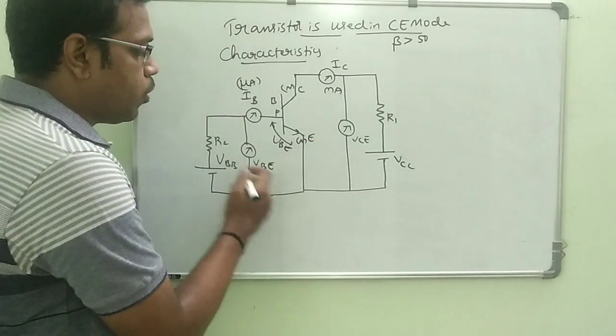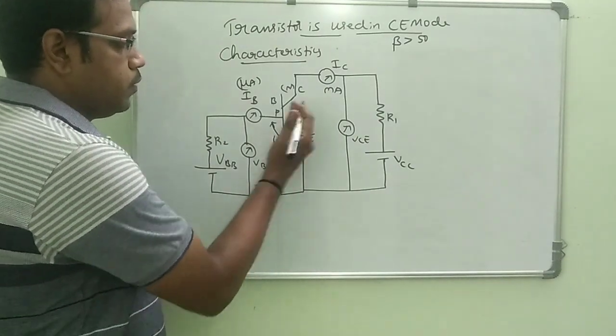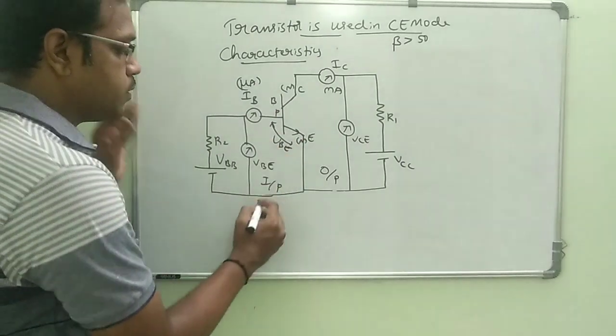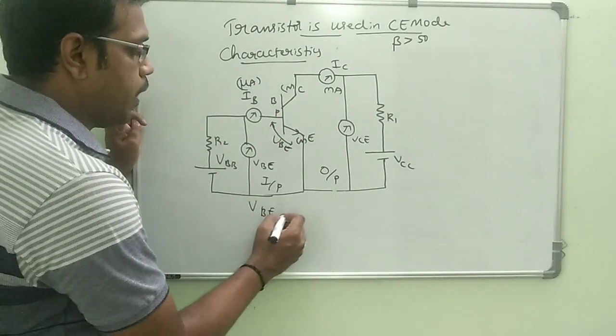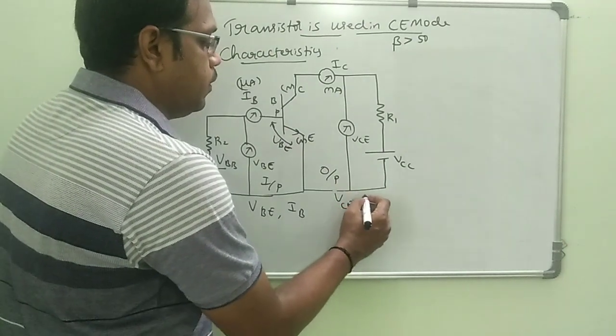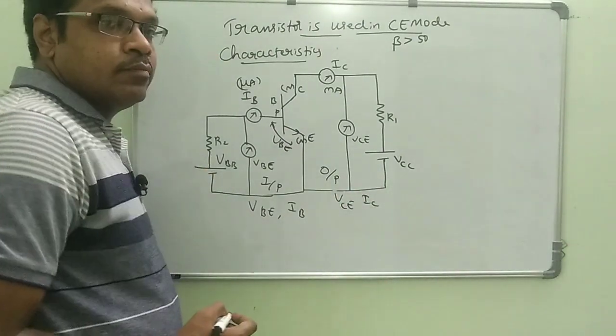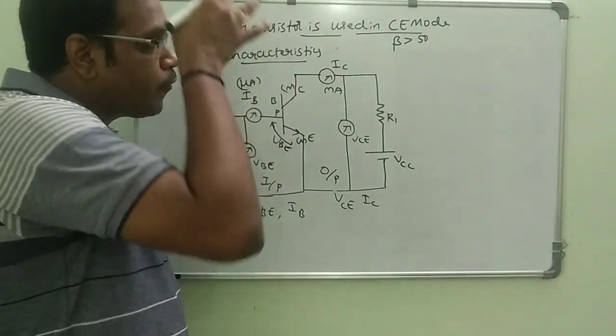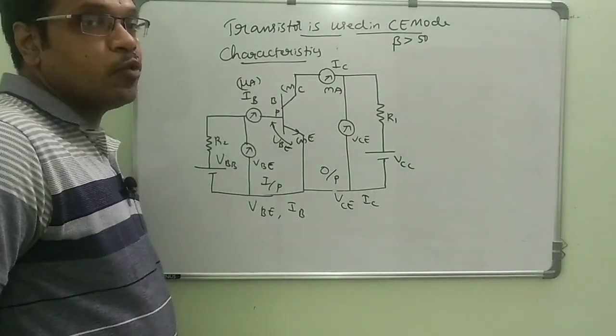So this part is called input, and this part is called output. At the input we can see VBE and IB. At the output we can see VCE and IC, the main voltmeter and ammeter. We need to draw the graph to understand why CE mode is more important.